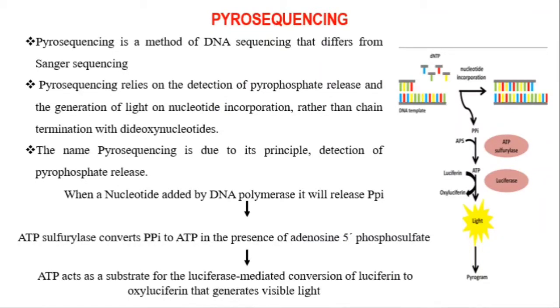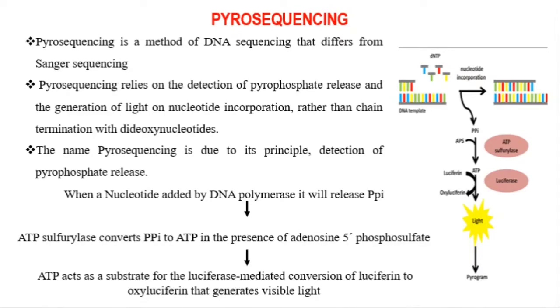We discussed Sanger's method of DNA sequencing and automated DNA sequencing, but pyrosequencing differs from both of them. Pyrosequencing relies on the detection of pyrophosphate released and the generation of light on nucleotide incorporation.